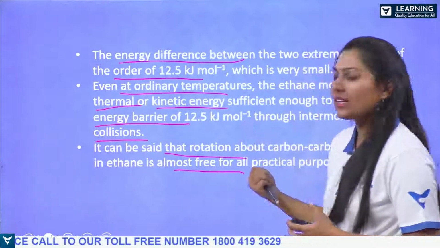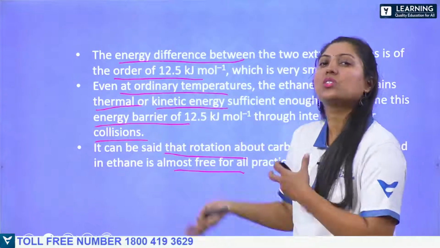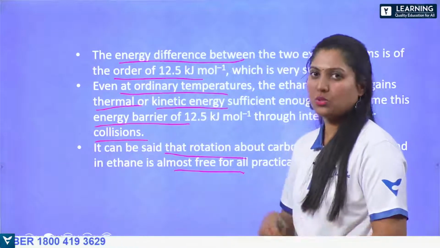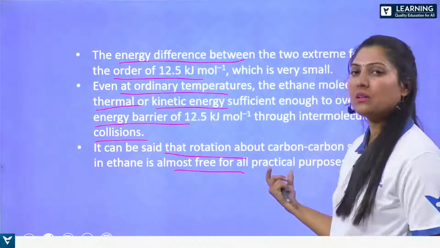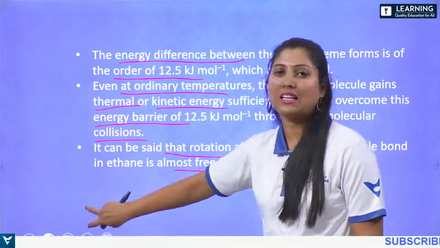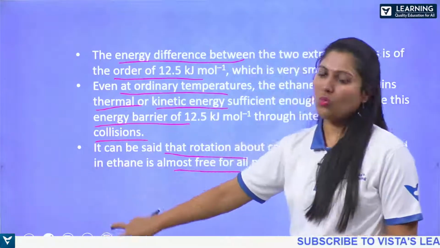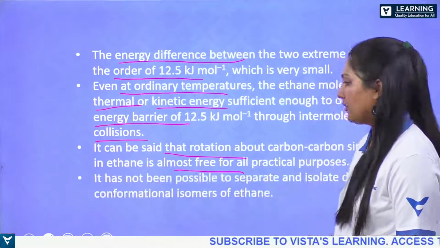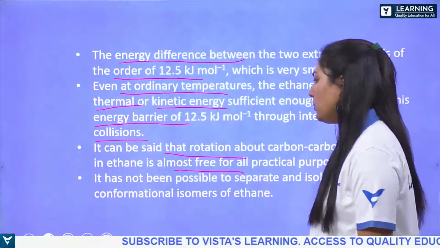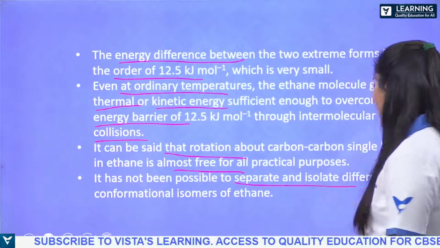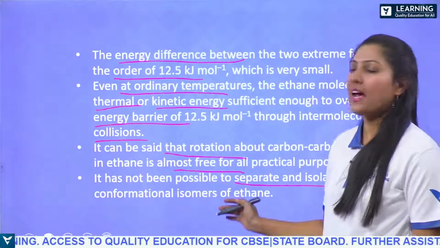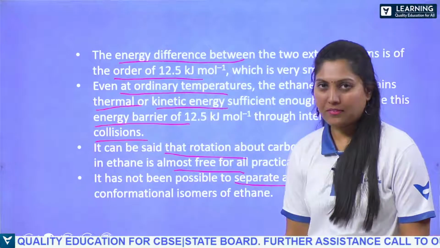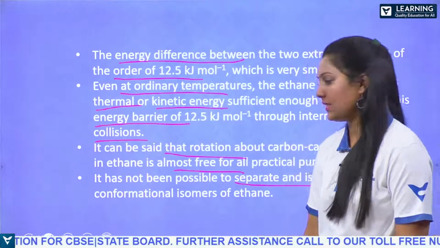So you can easily get the small energy and change from one conformation to another. So we say it is almost free for practical purposes to change ethane from one conformation to another. It is not possible to separate and isolate different conformational isomers of ethane as there is a very small difference. Hope you are understanding this, students.